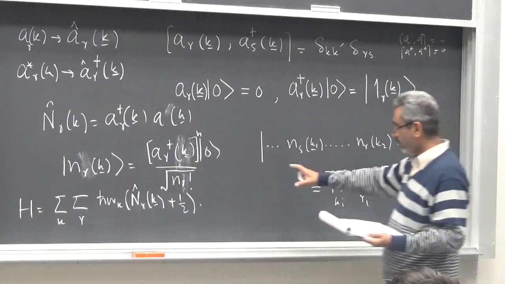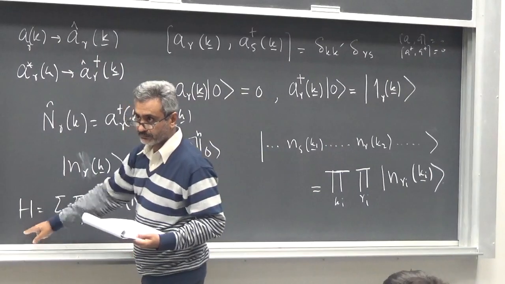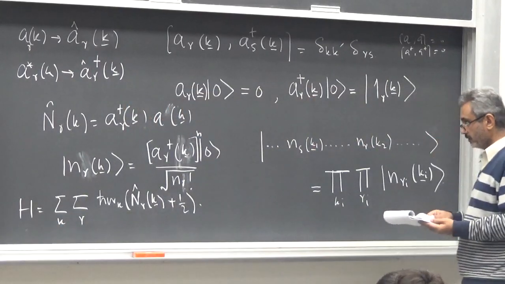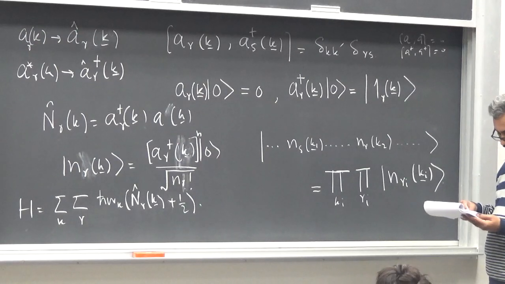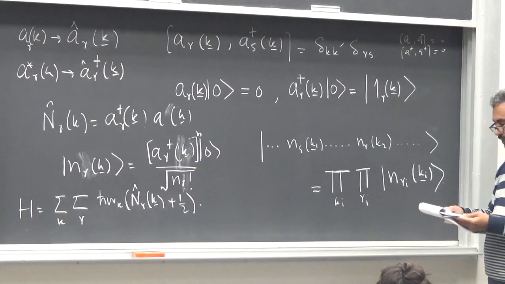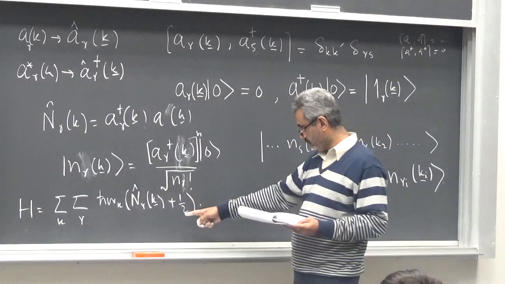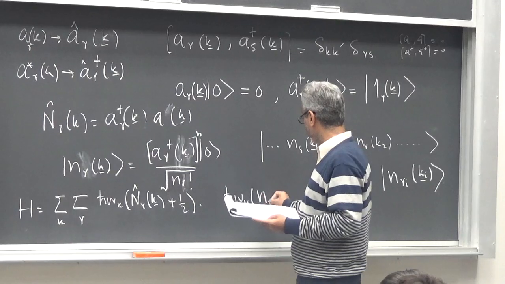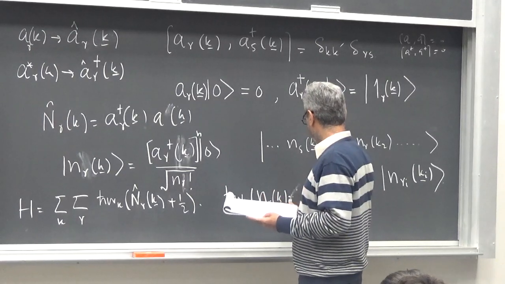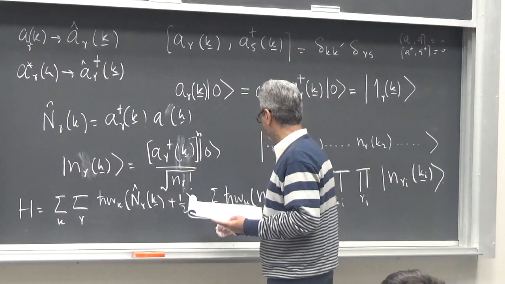Okay, so these are eigenstates of this operator and consequently of this operator. In fact, these are eigenstates of H. What are the eigenvalues? h-bar omega K, N sub R K plus a half, and then sum over K R. These are the eigenvalues.